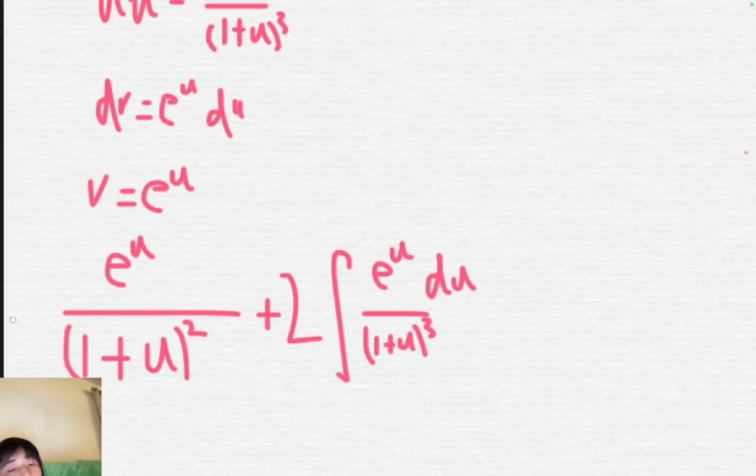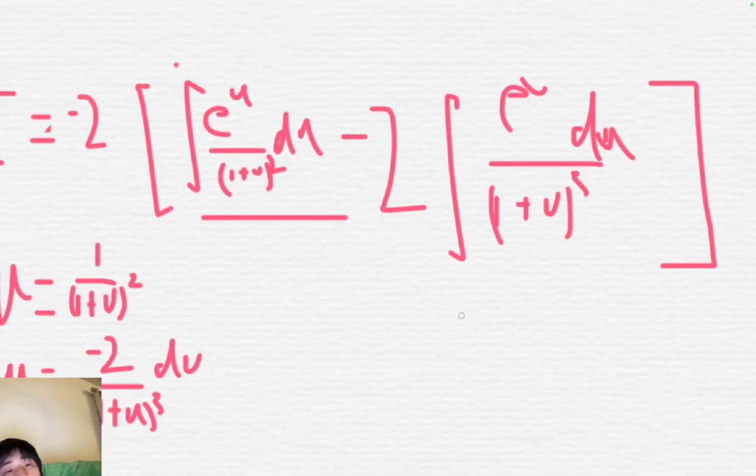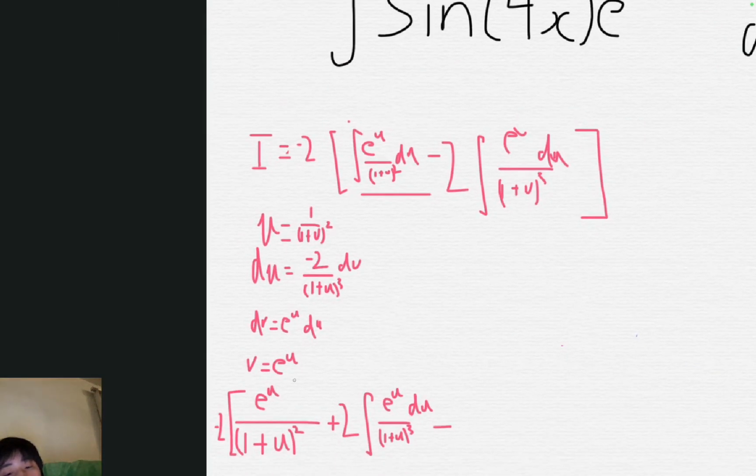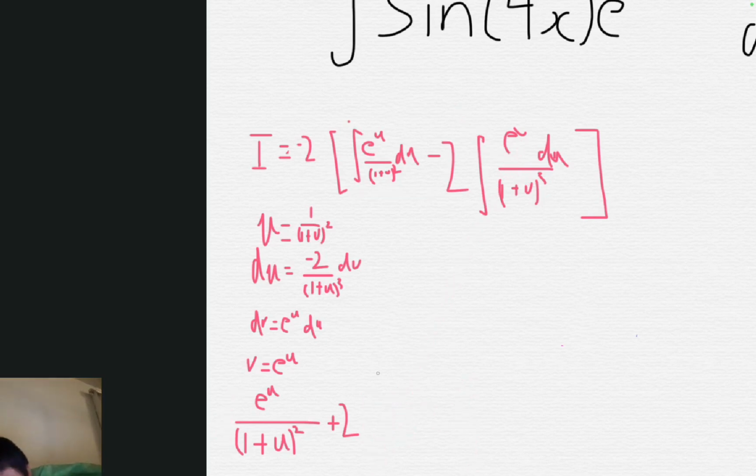And since this is all negative 2 times the integral, we sub in this integral for what we expanded it to, and then minus 2 integral, well, I think you can get the idea, plus 2 minus 2, they cancel out. They really cancel out. So all that's left is negative 2 e to the u over 1 plus u equals I.